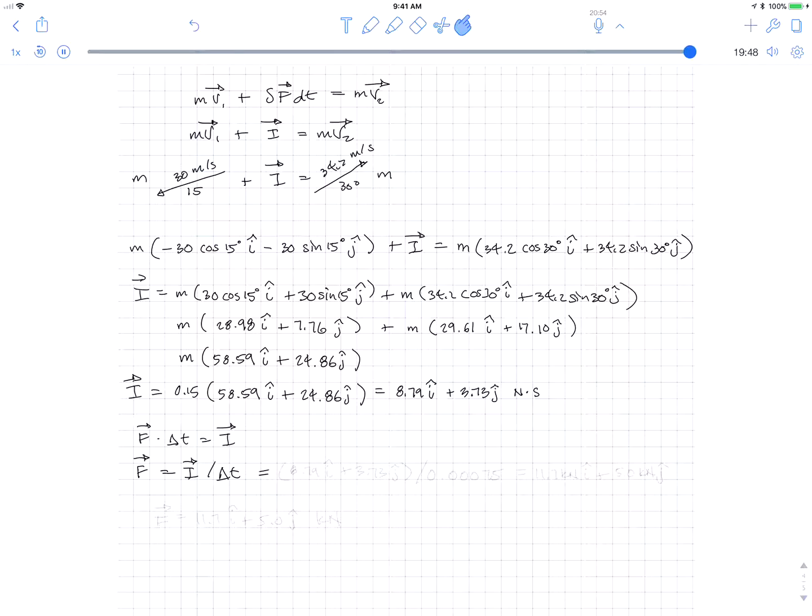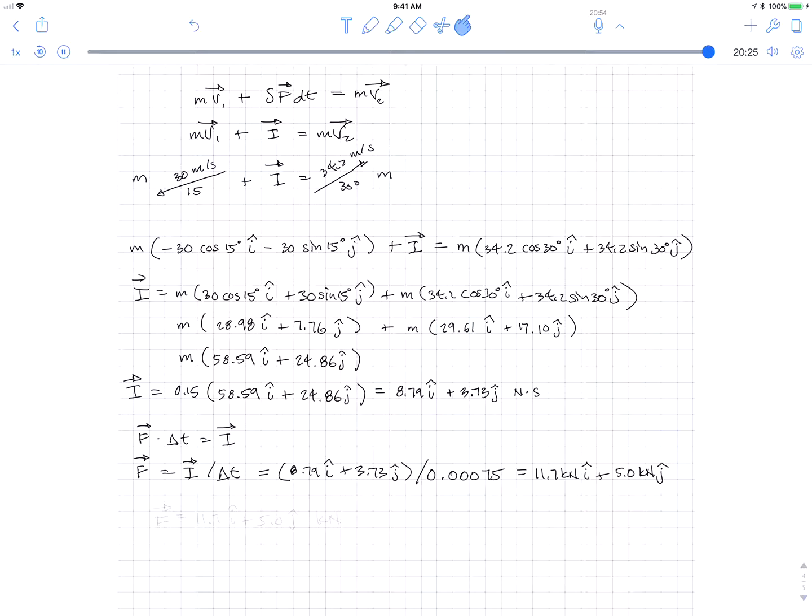So it'll be 8.79 i plus 3.73 j divided by 0.00075, and that equals 11,700 newtons in the i direction and 4,000 or 5,000 newtons in the j opposite direction.